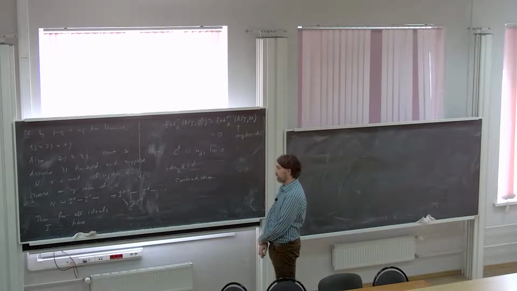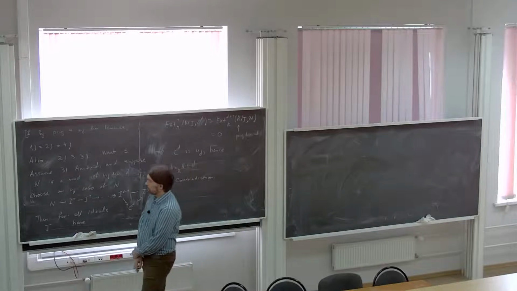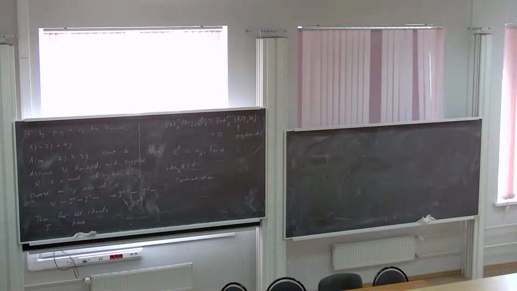Okay, so what are we trying to do? We know that 1, 2, and 4 are all equal. I got everything up until we rolled the projective resolution. Let me repeat. So 1, 2, and 4 are equal.